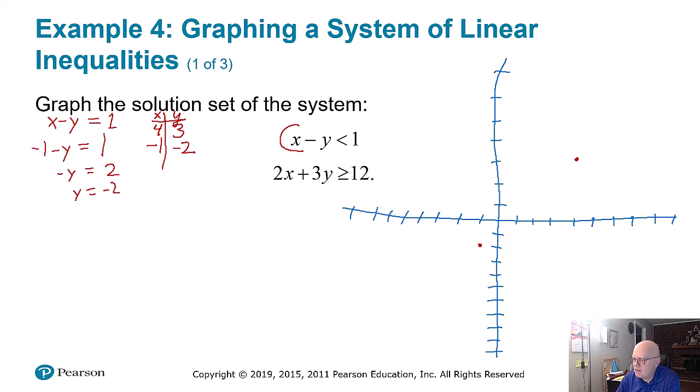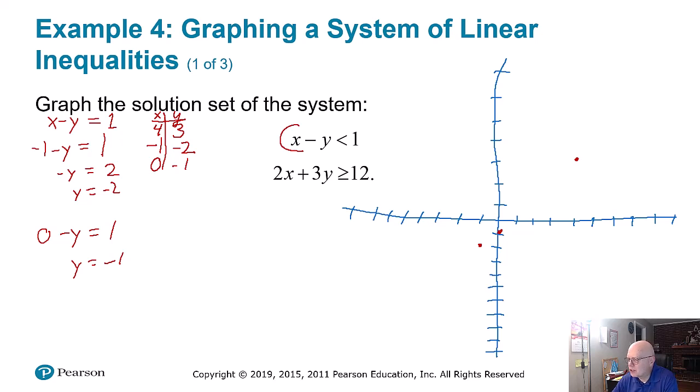To be safe, you got to try another one. 0 is an easy one. Put 0 in for x. 0 minus y equals 1. Y equals -1. Okay, got 3 points. 0, -1. Sure enough, those line up, so we're in good shape.